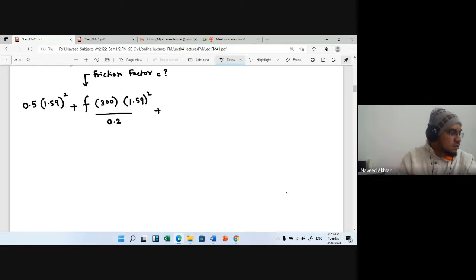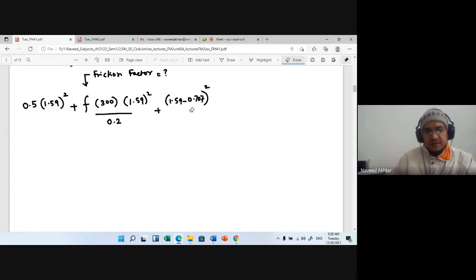Then the loss due to expansion you can find out by putting the value (1.59 minus 0.707) whole square; divided by 2g will be taken. That's why there is no division written here, because 2g we have taken to the right side.